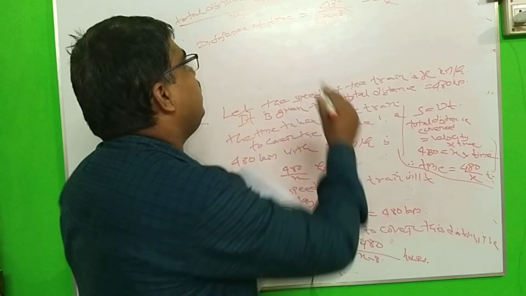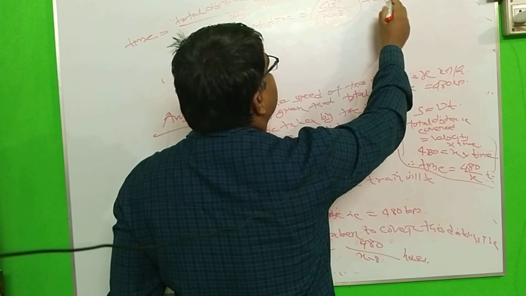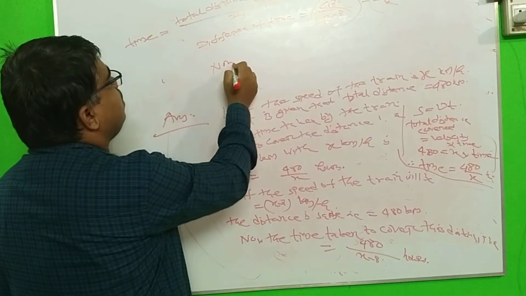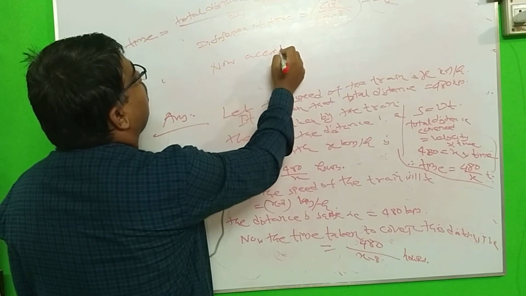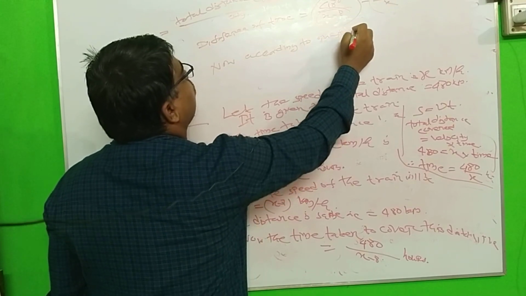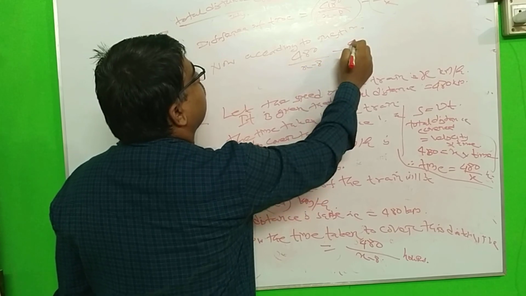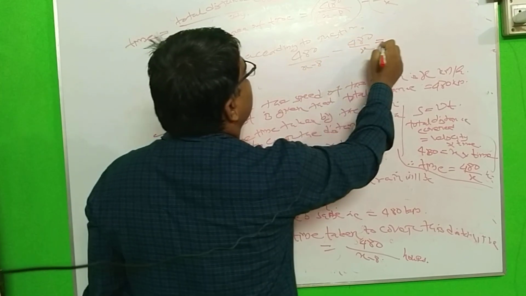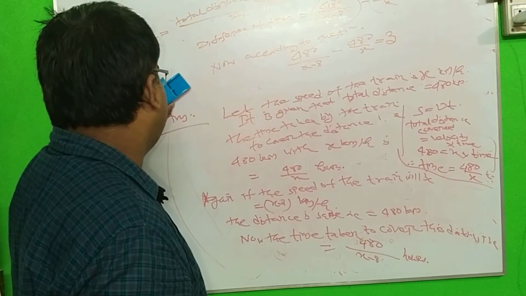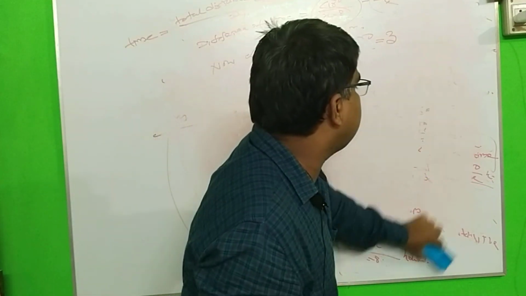Since the denominator is small, it represents a big number, and the other represents a small number. Now according to the question, 480 by x minus 8 minus 480 by x equal to 3. Clear?